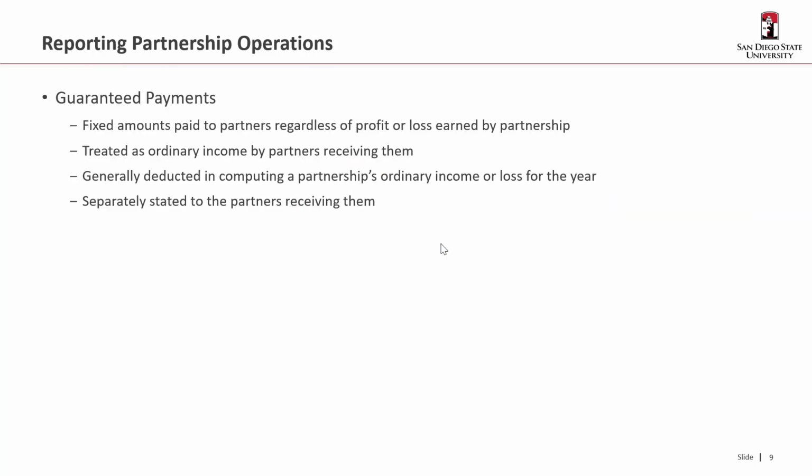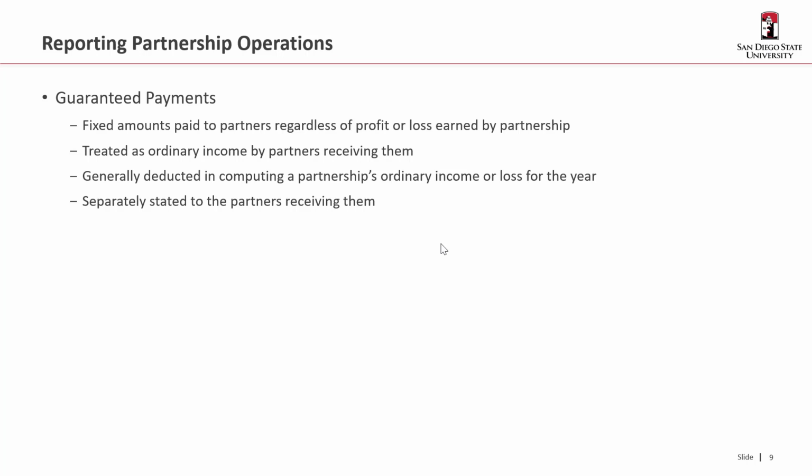Okay. Guaranteed payments are this unique thing. Partners who work for a partnership do not receive a salary. That's not to say partnerships can't pay wages. They can, but they cannot pay them to an owner. Instead, partners are paid what's called a guaranteed payment, which is a fixed amount paid to the partner regardless of the profit or loss earned by the partnership.